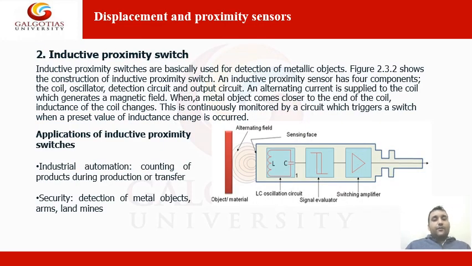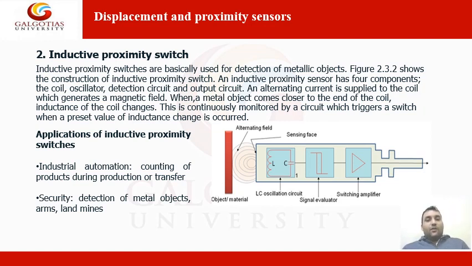Inductive proximity switches are basically used for detection of metallic objects. This figure shows the construction of inductive proximity switches. Inductive proximity sensors have four components: coil, oscillator, detection circuit, and output circuit. Alternating current is supplied to the coil, which generates a magnetic field.